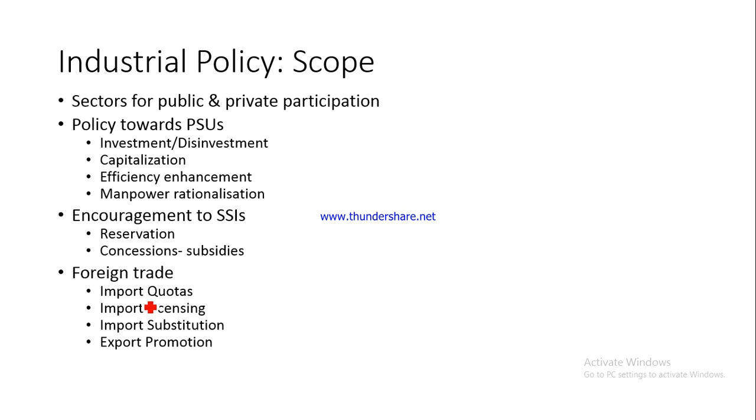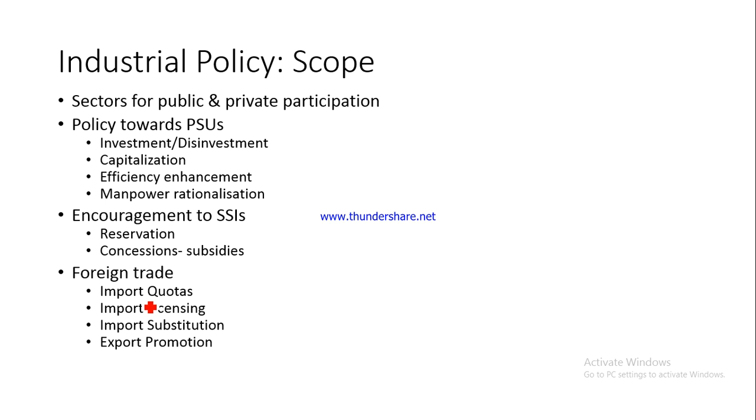Naturally, imports would get reduced and more of the customer demand would be fulfilled by the items produced domestically. So that is the meaning of import substitution. The main idea again is to preserve foreign exchange and to become self-sufficient.